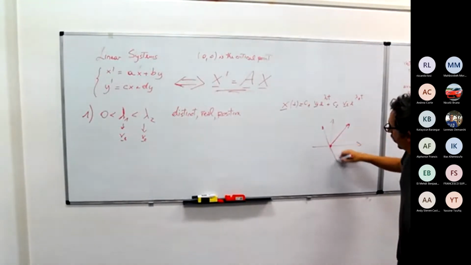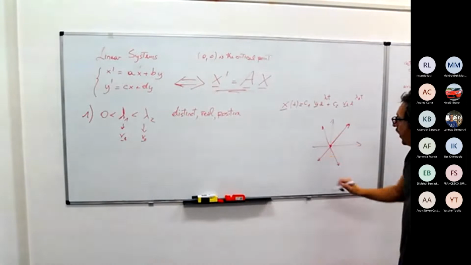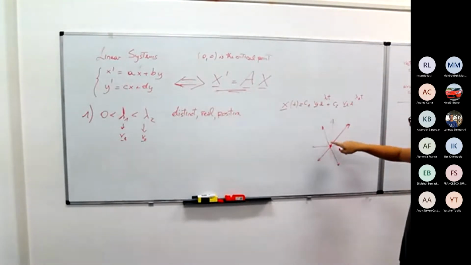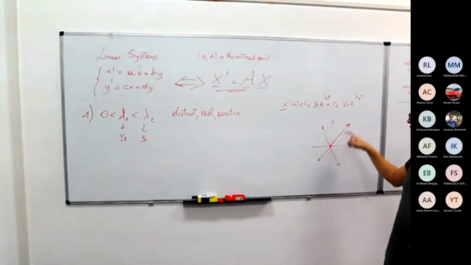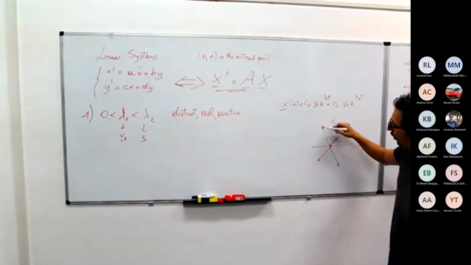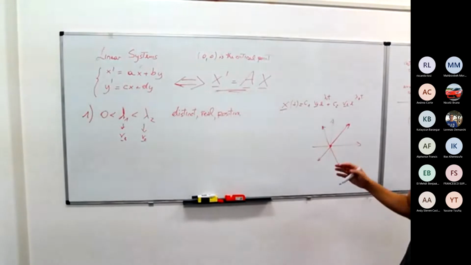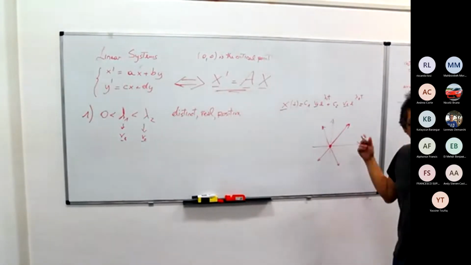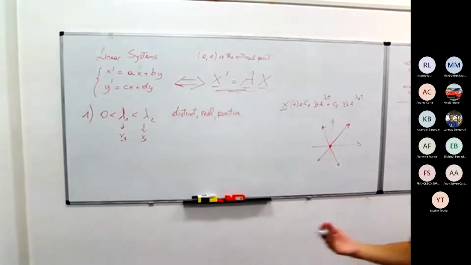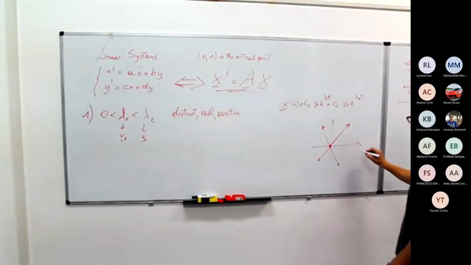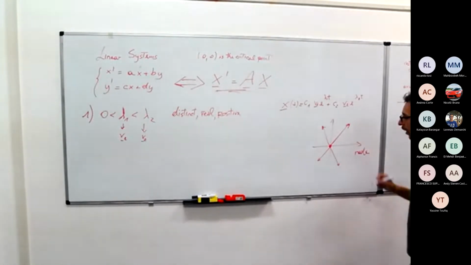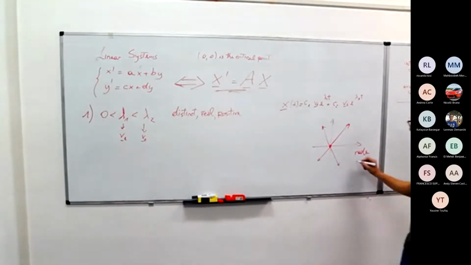So what does this mean? This means that if I'm just writing down, suppose that is V1, minus V1, V2, minus V2, this means that basically all these solutions are departing from the critical point which is here. So what's this critical point? This is a node, and it is unstable.